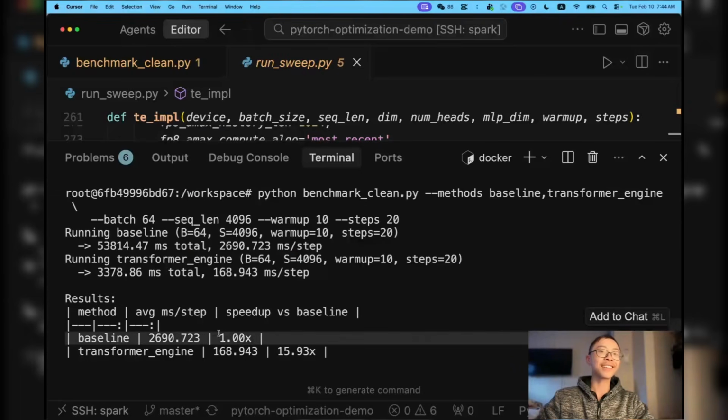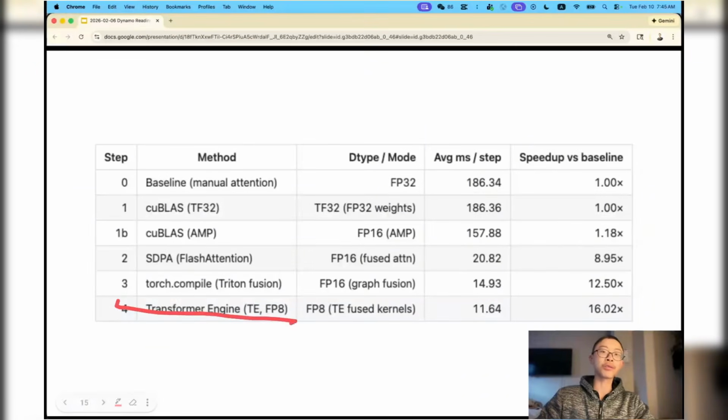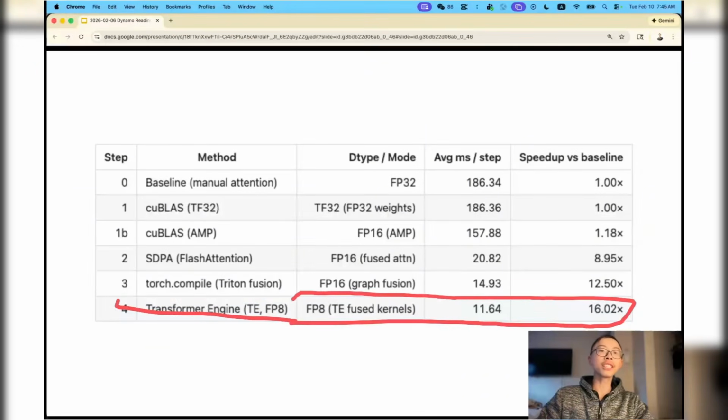For the baseline, you get 1x, but for transformer engine, you get 1.5 times speedup. So the latency is reduced with only 2 lines of code in the forward pass, and defining the transformer blocks is almost as easy as in PyTorch. If you want to experiment with even lower precision, feel free to try different precisions and try the speedup yourself. The code is linked in the description below.